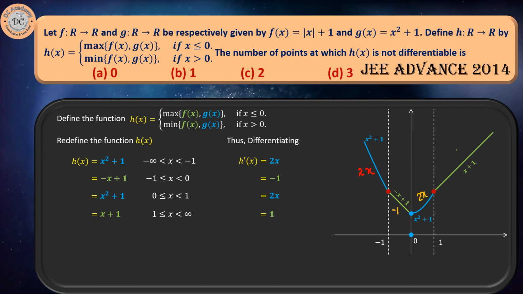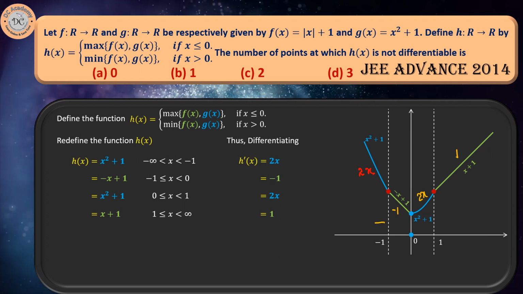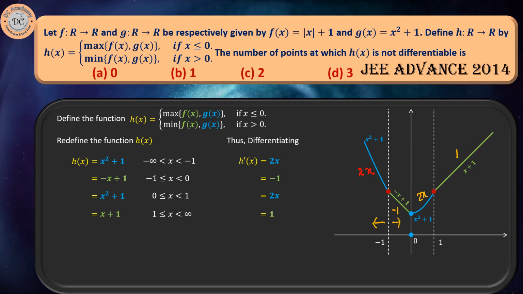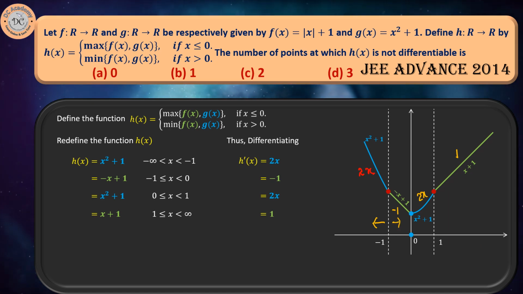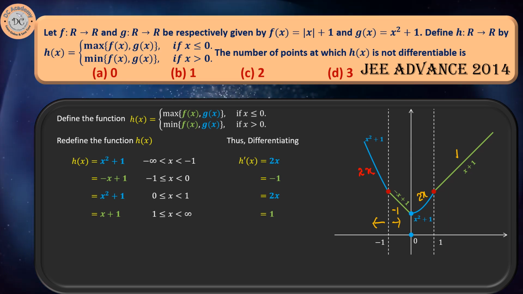Now notice that at minus 1, whenever I take minus 1 minus something, we use the first definition, so it will be minus 2.